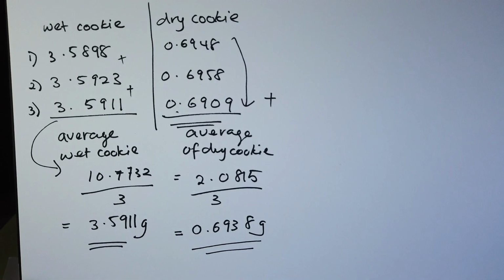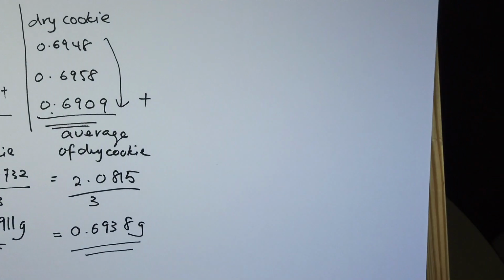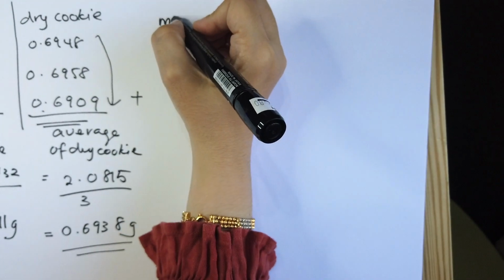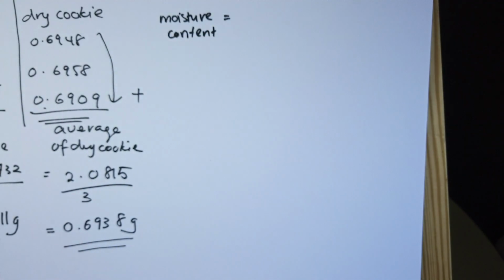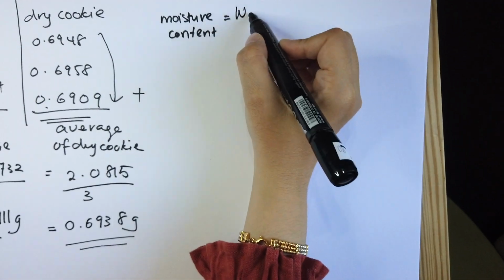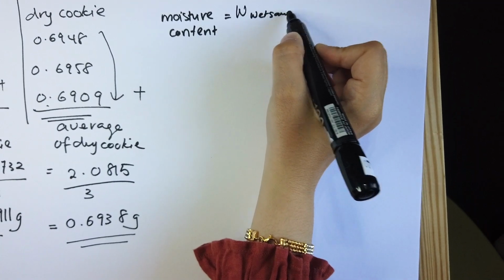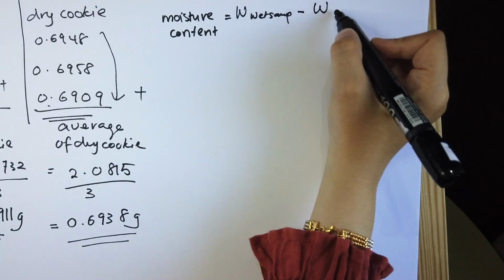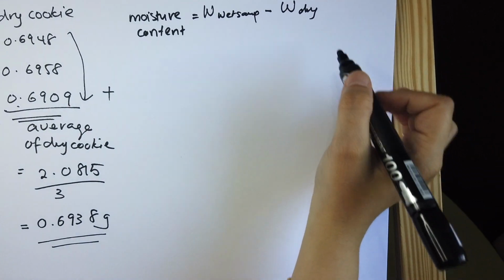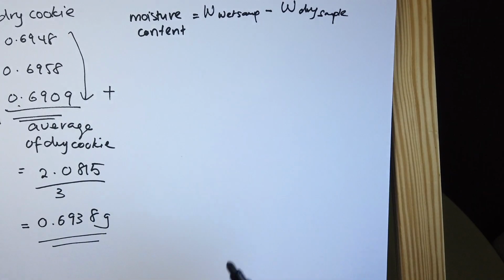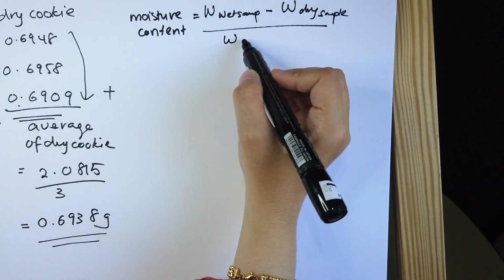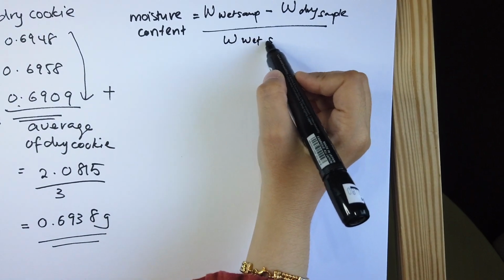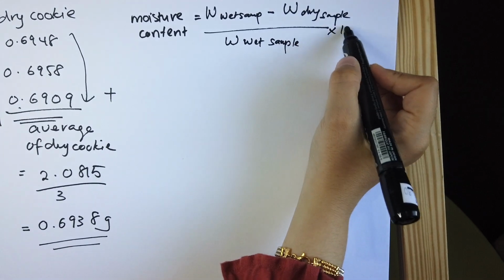Alright, so now the question asks you to calculate the moisture content. So the moisture content is equivalent to weight of wet sample minus weight of dry sample, divided by weight of wet sample, times 100%.